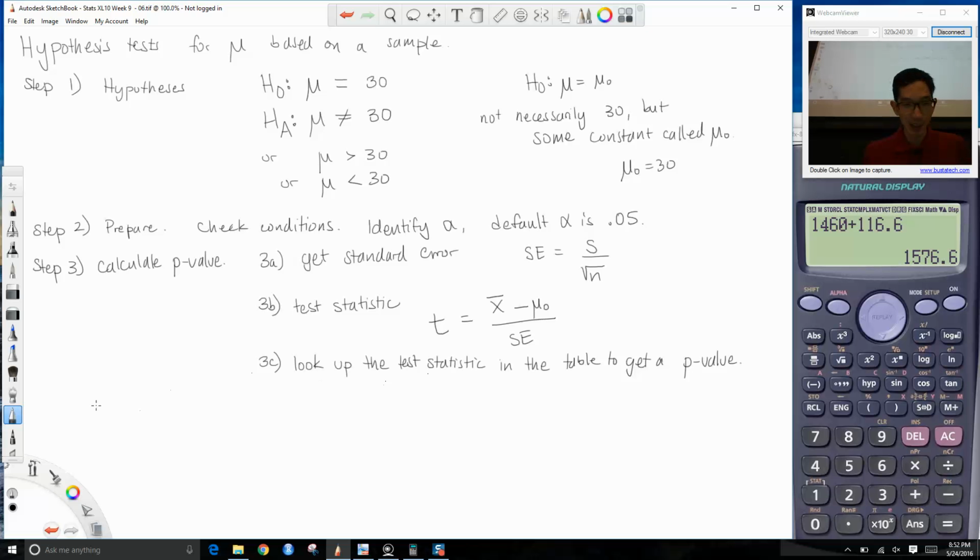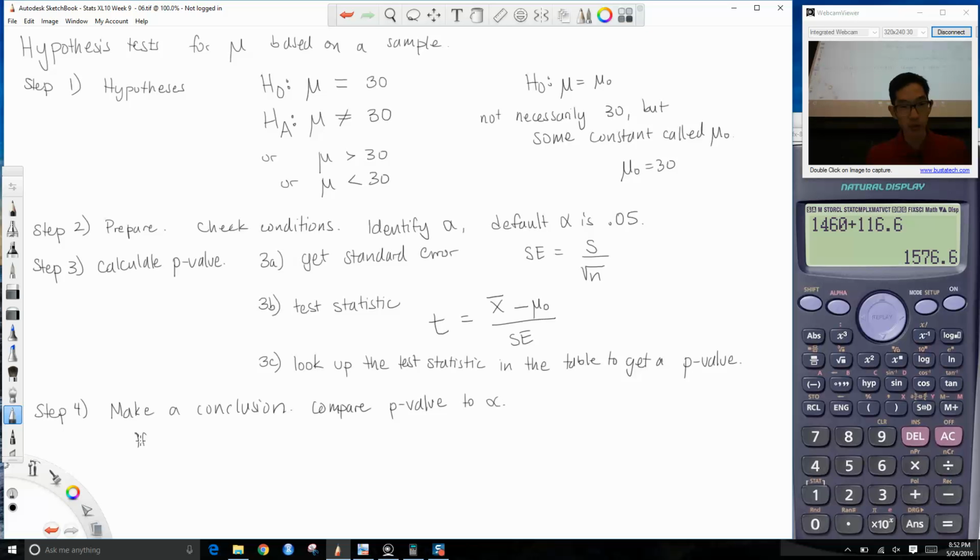And then lastly, once we have our p-value, what do we do? We make a conclusion. And how do we make our conclusions? At this point we just compare the p-value to alpha. The conclusion only depends on the comparison between the p-value and alpha. It doesn't depend on anything else.